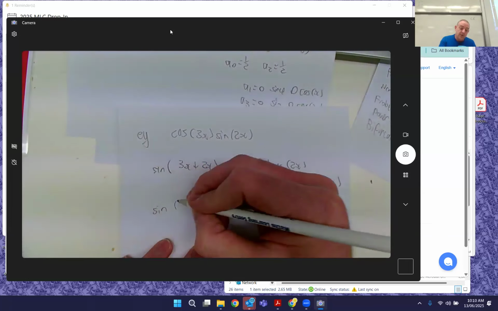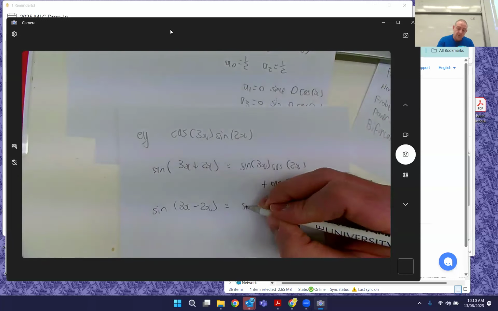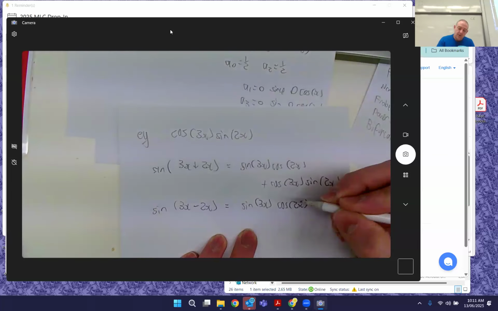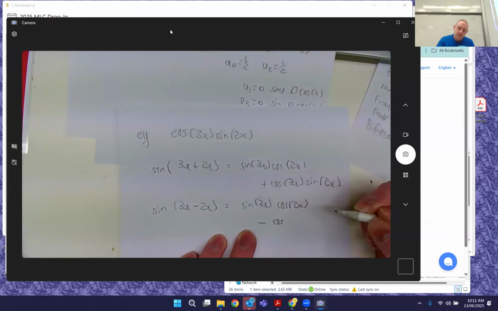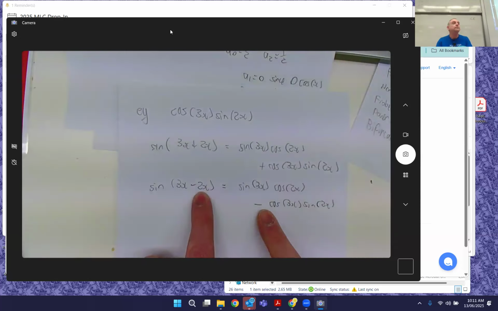And sine of 3x minus 2x will be sine of 3x cos 2x minus cos 3x sine 2x, and I know the minus goes with this one because it came out of that sine 2x.